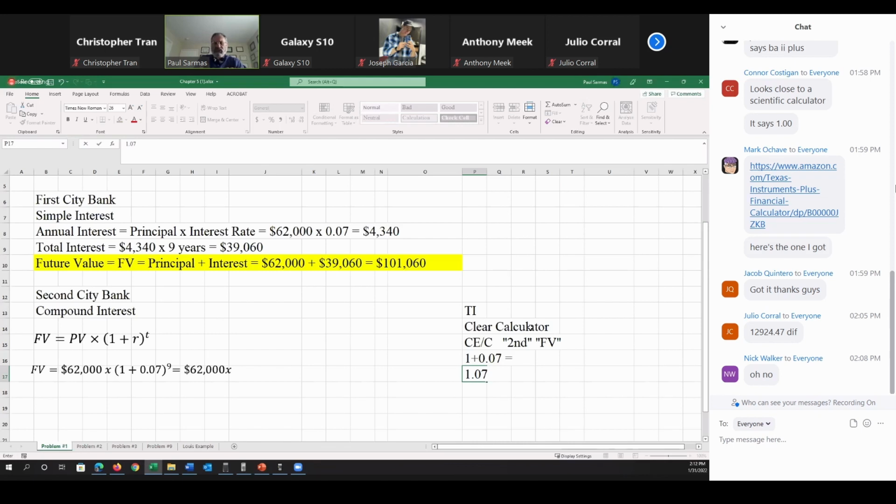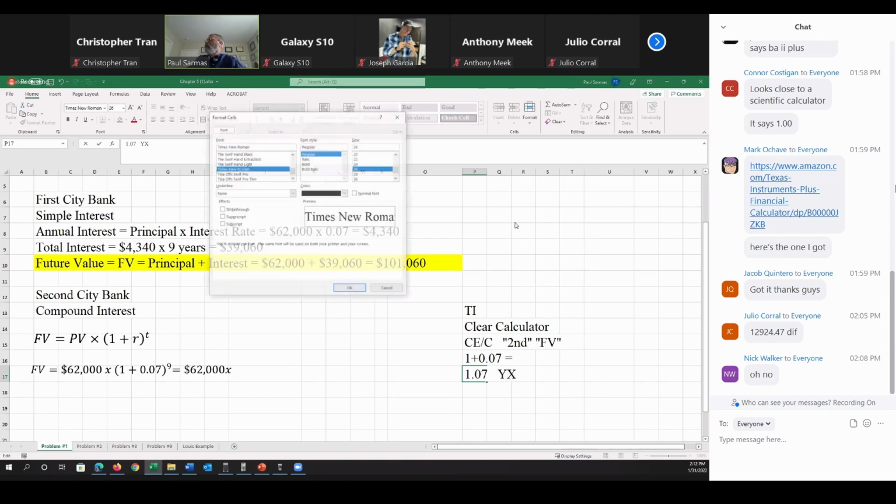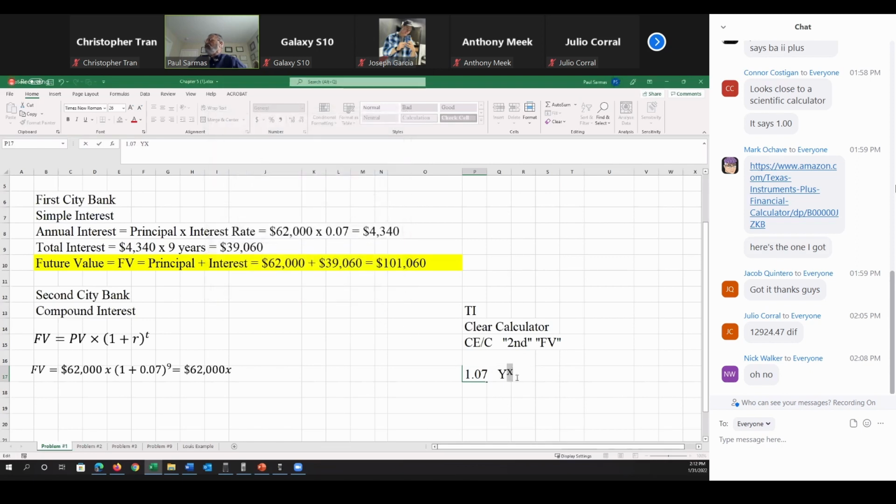You use the key y to the x. Y to the power x. If you look into your calculator, you should be able to see that. Y to the x.